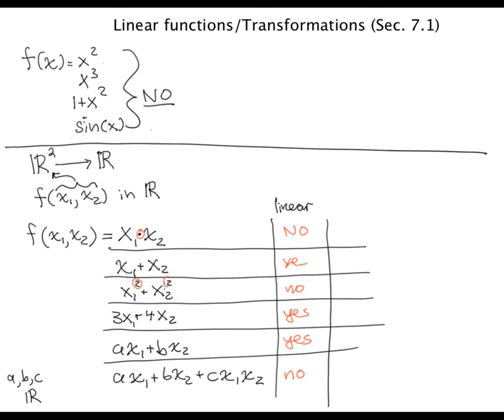Exponential, you're not allowed to have powers. These two are fine. This product right here messes this one up. And the other ones, notice that this one and this one are special cases of this one, where you take a is equal to b is equal to 1, and here you take a is equal to 3 and b is equal to 4.